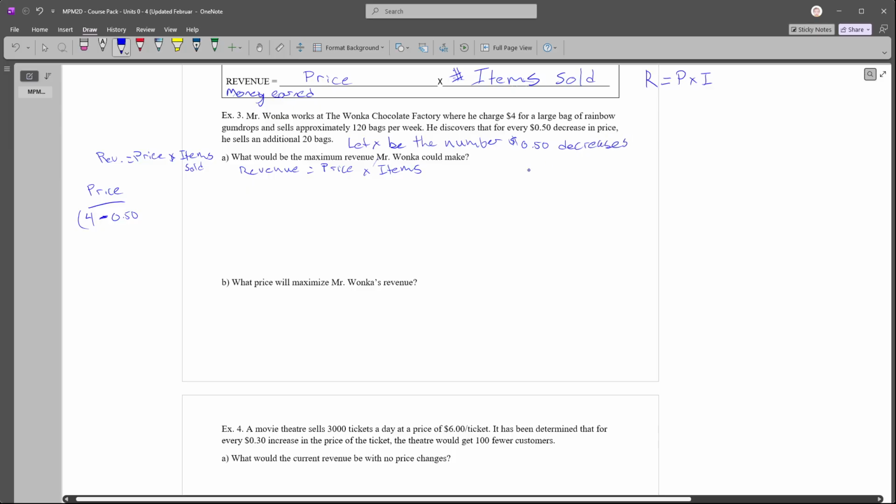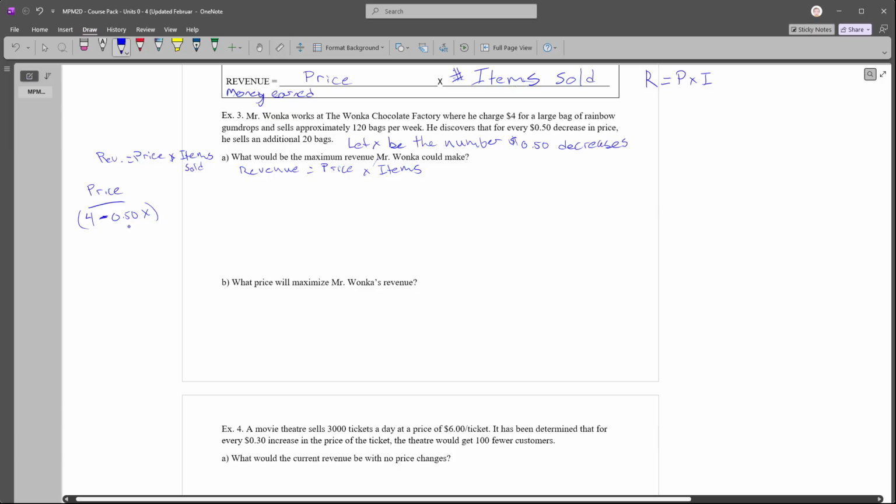So now when we look at this problem, this price is $4 minus x times the number of 50 cent decreases. So if there were 2, that'd be 2 times 50 cents, so that'd be 4 minus $1, which would be $3. So that's where we get the price from.